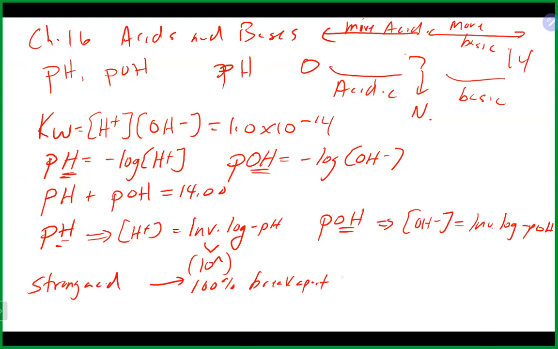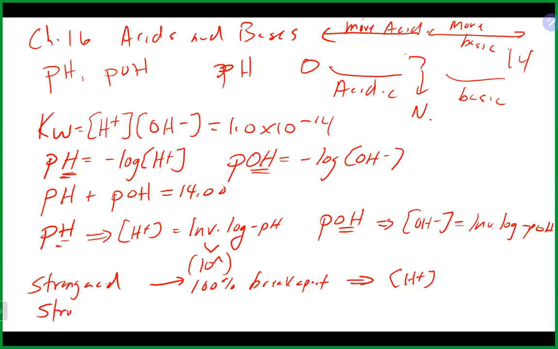What you want to figure out from that is the H plus concentration in that solution. As we put that list up last time as well, there are only about 6 really strong acids, and most of them are monoprotic, which means they give away 1 H plus. If you know the concentration of the acid, you will know the concentration of the H plus in that solution, so you could go right into the pH equation.